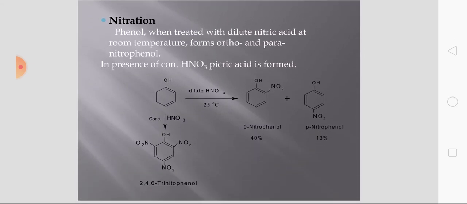Next, nitration. Phenol, when treated with dilute nitric acid at room temperature, forms ortho and para-nitrophenol. In presence of concentrated nitric acid, picric acid is formed. Look here, phenol when reacted with dilute HNO3 at low temperature, 25 degrees centigrade, ortho-nitrophenol and para-nitrophenol will be formed.